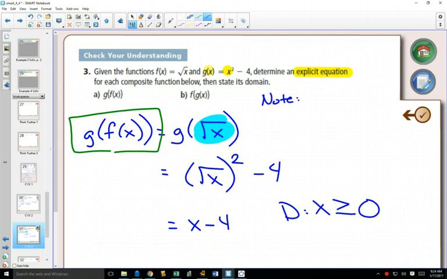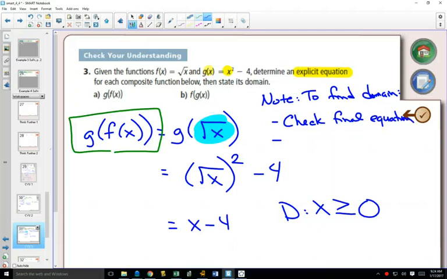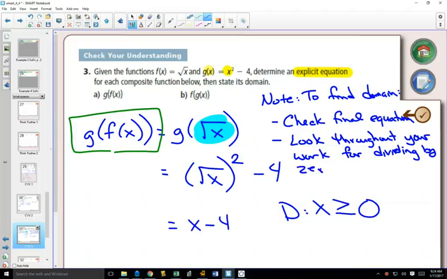Our little note here, to find our domain, you're going to check your final equation, look at that, then look throughout your work for dividing by 0 and square roots.